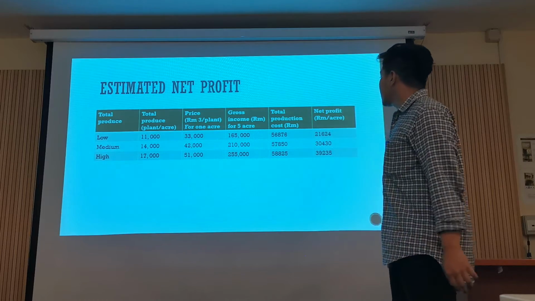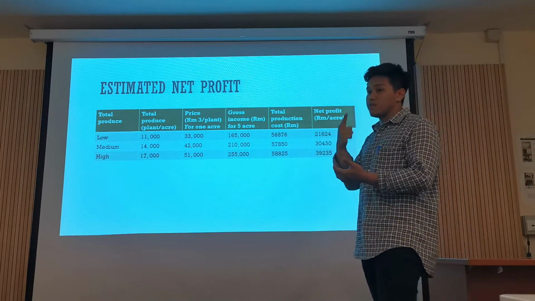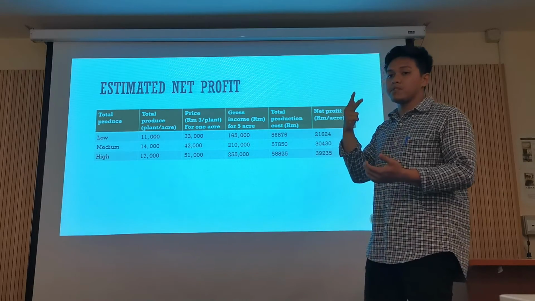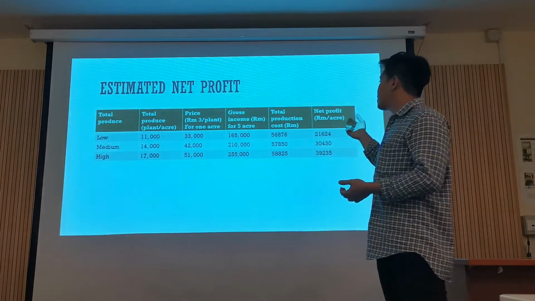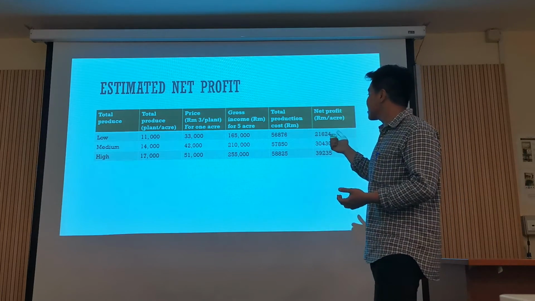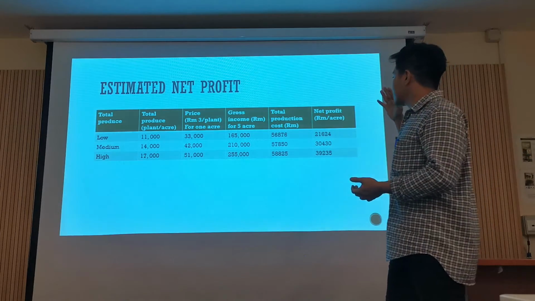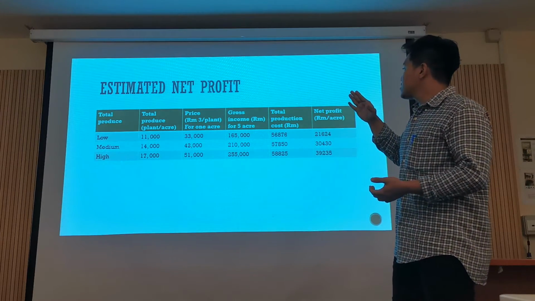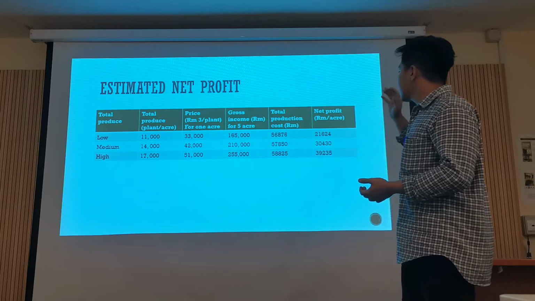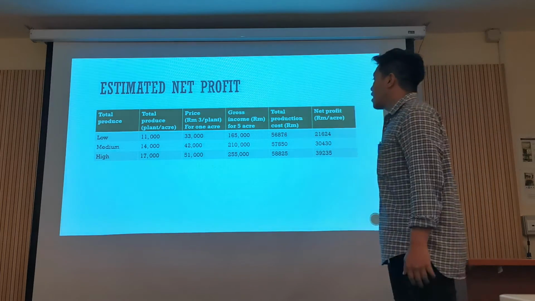The total production cost, including labor, fertilizer, and preparation, is around 56,876 ringgit. After subtracting it from the gross income, we get a profit of 21,624 ringgit.